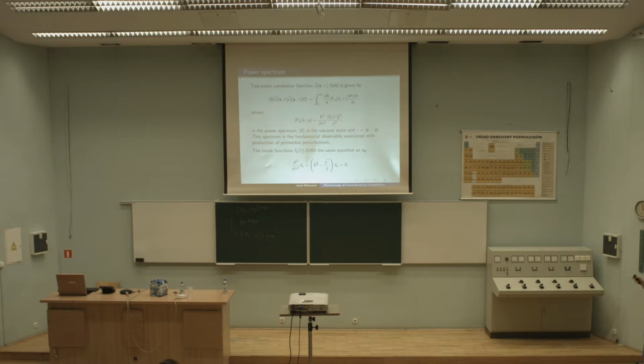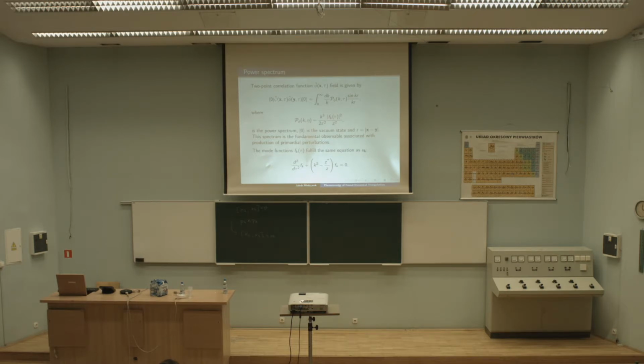And then for Gaussian perturbations, all the statistical information about the perturbations is contained in the two-point correlation function. So this is all we need to know about the random field that we study.